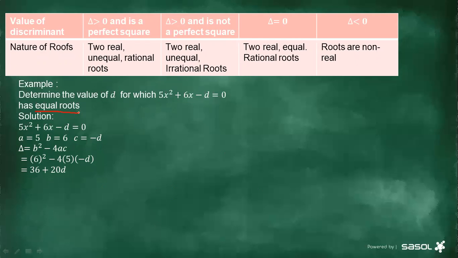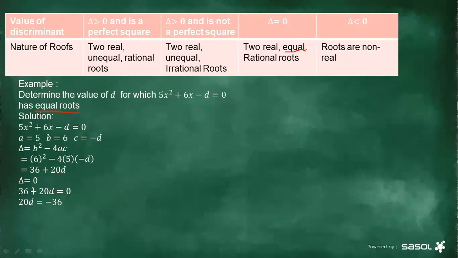After getting the delta, we go back to the question, which says has equal roots. Where you see equal, that's where delta equals 0. Then you say 36 plus 20d equals 0.